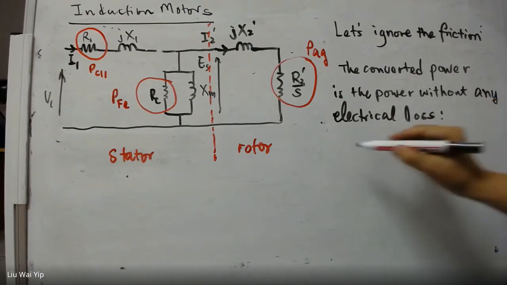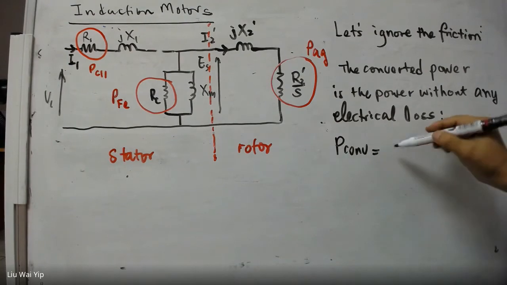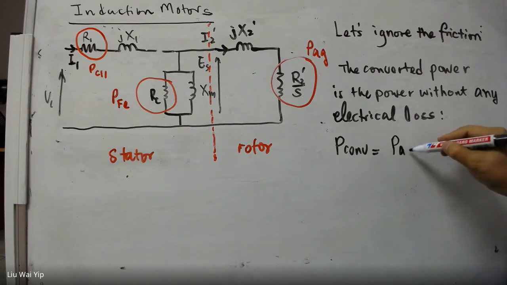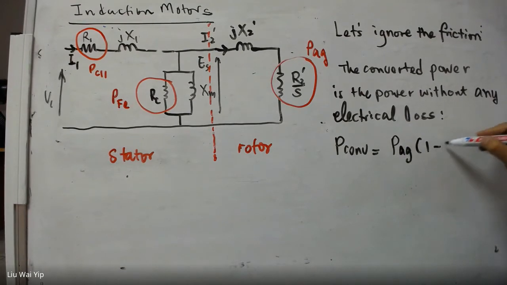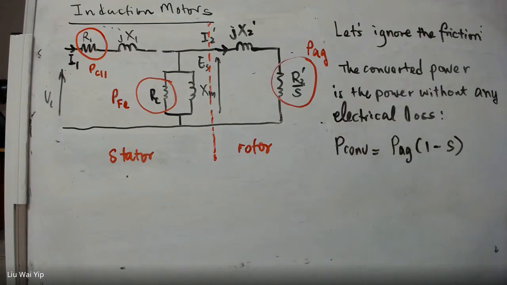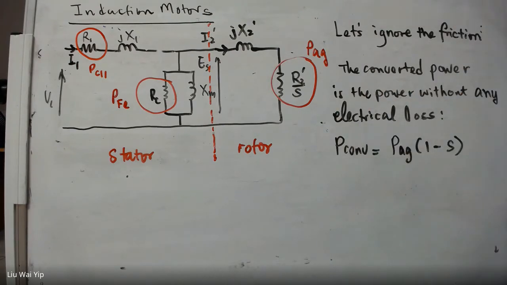So in this case, P convert is going to be P_AG (1 minus s), according to what we have derived down here. And now the converter power, if we ignore friction, will be used for mechanical action.